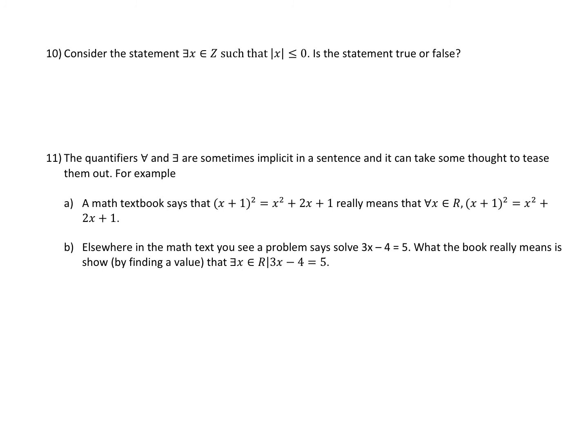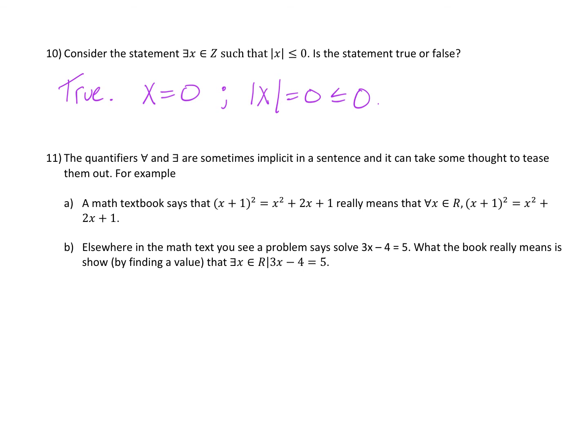No, but there is one that is equal to 0. This is true. x equals 0 is an x in the integers such that the absolute value of x is 0, which is less than or equal to 0.